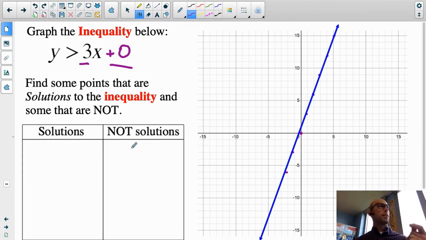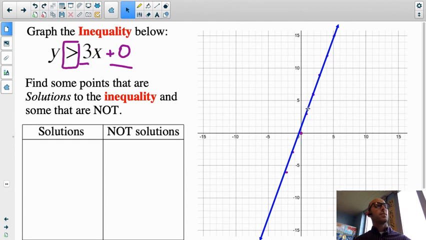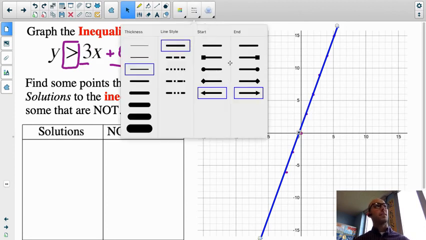Oh, once again, I forgot to shade. You're going to find that you need to be paying attention to that. And, oh, I made another mistake, didn't I? This does not have the equal sign. So those are a couple details you need to be thinking about with these inequalities. No equal sign, that means that I don't want to include this boundary. So I'm going to go back and make it dashed.